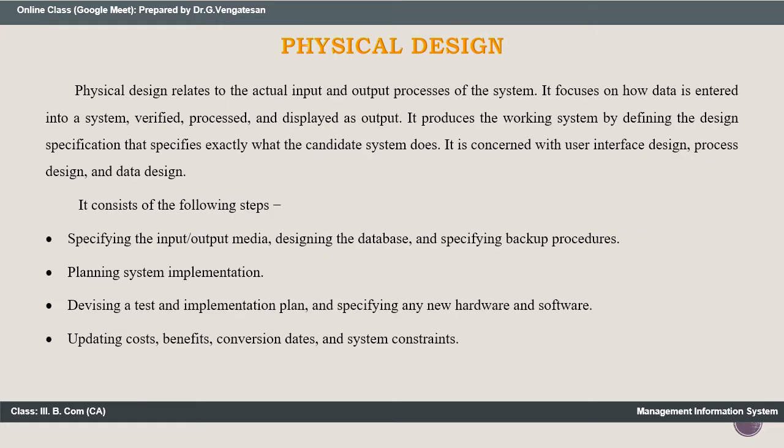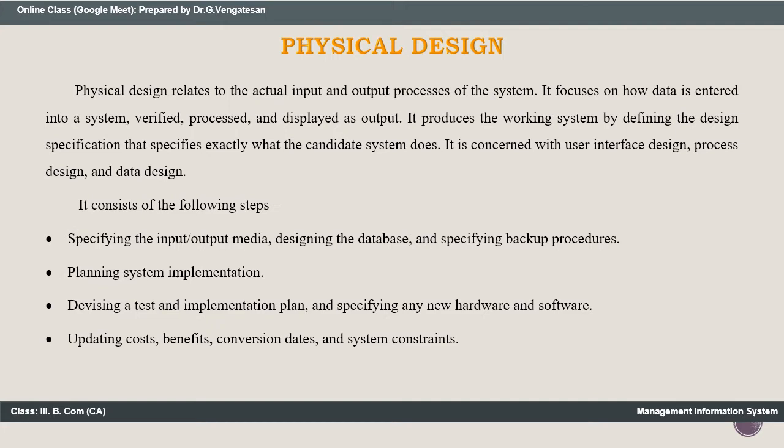Now the second one is physical design. Physical design relates to the actual input and output process of the system. It focuses on how data is entered into a system, verified, processed, and displayed as output. It produces the working system by defining the design specification that specifies exactly what the candidate system does. It is concerned with the user interface design, process design, and the data design.